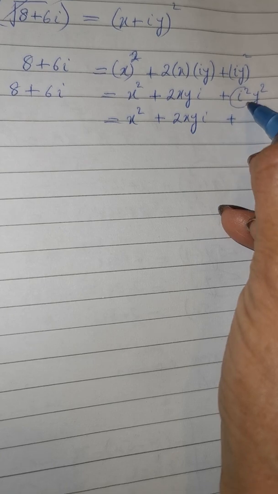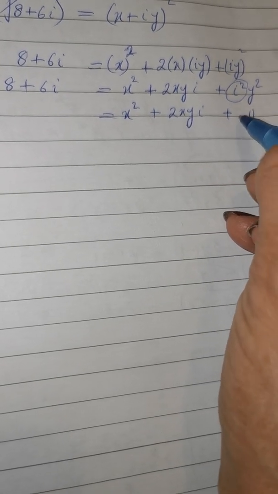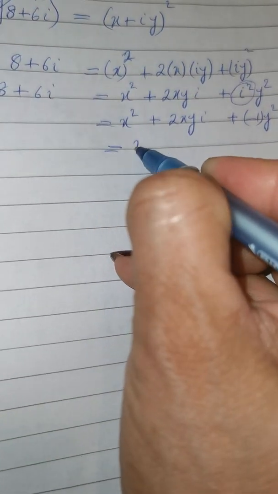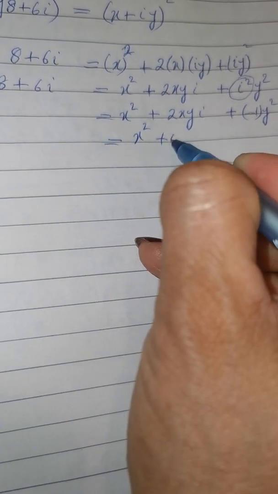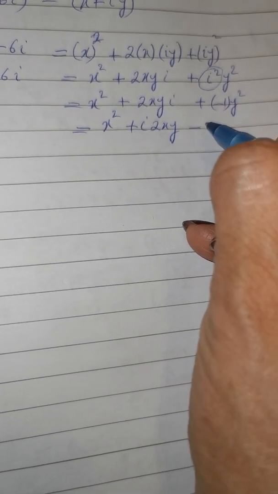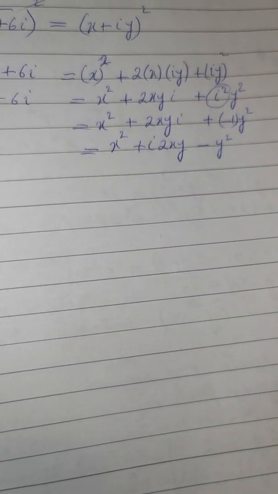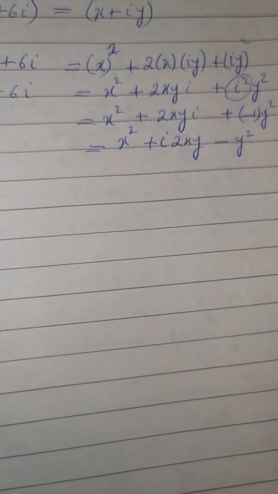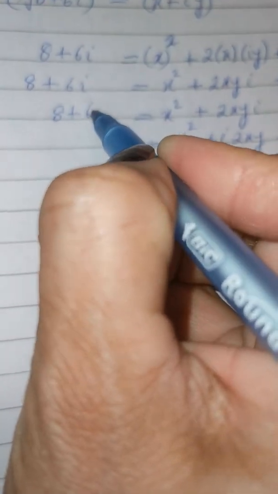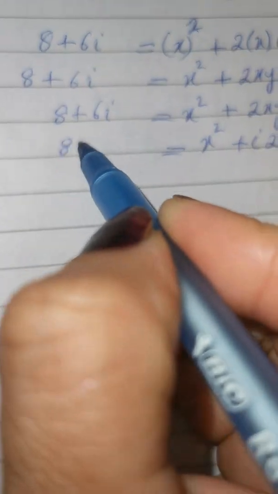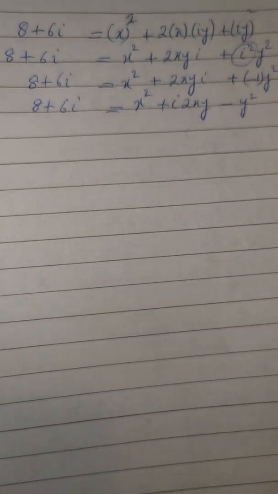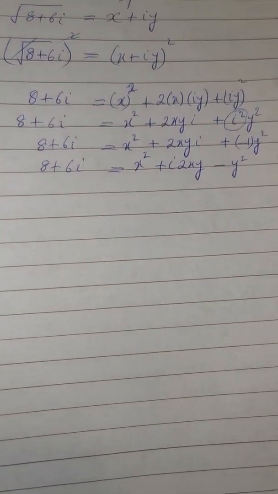In place of iota square, I am going to use the definition of minus 1, right? You can write it as iota 2xy or whatever you want. It will be converted into minus y square when multiplied by minus 1, and the terms here will remain the same because there is no need of simplification on this side, right? So 8 plus 6 iota is equal to this.